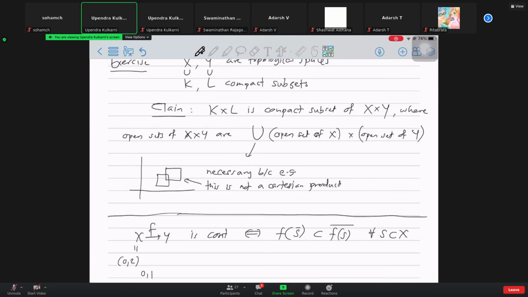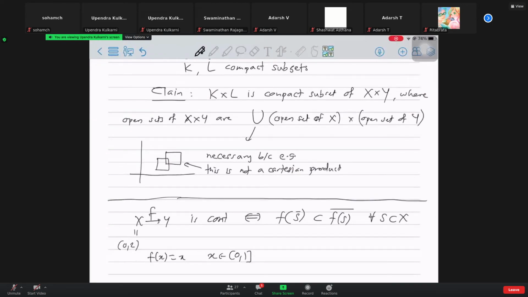Sorry, let me just get this right. f of x equals x for x in 0 to 1, and then for x in open 1 to open 2, it is 2 minus x.